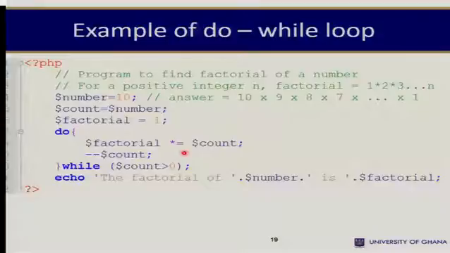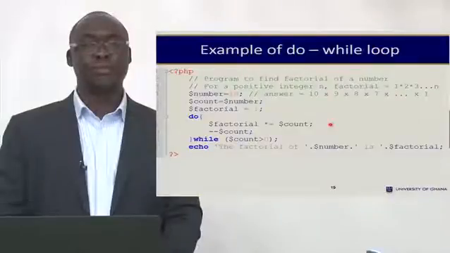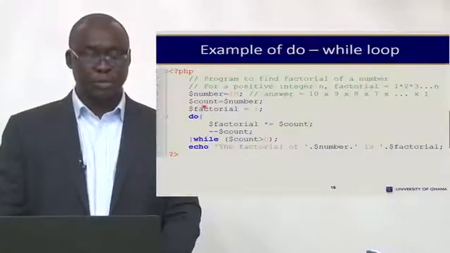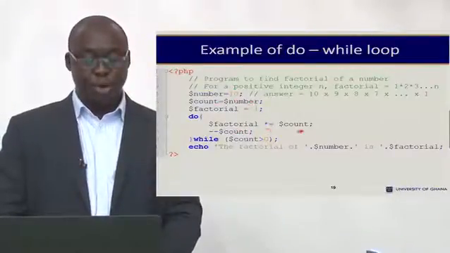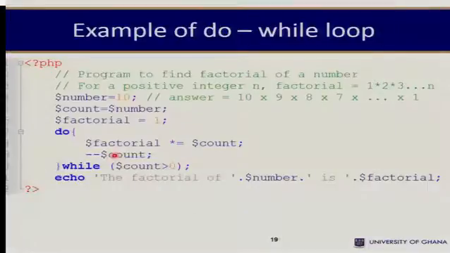Okay. So this is a typical example of the do-while loop. We are going to use the same example, but in this case we are writing the program using the do-while loop. So here we use the same initialization, and then we do our multiplication first, reduce the count, do the testing, then we come back, execute, do the testing, we come back, execute, do the testing.